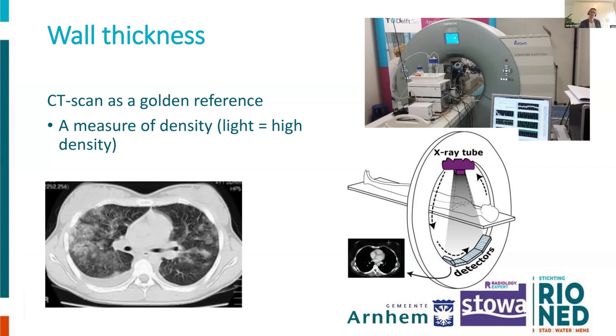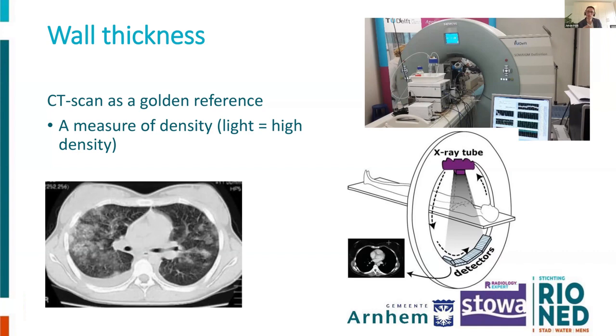A light part of the image represents high density, and the darker parts are lower density. If you have parts of the pipe which are leached, then you see that as a lower density, because the calcium has more or less dissolved.